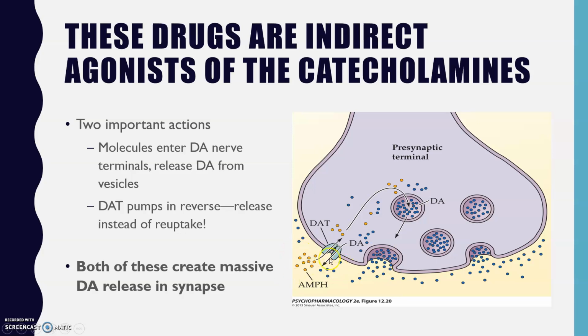The other thing that's going to happen is that these dopamine transporters are going to pump in reverse. So instead of taking dopamine back into the cell, it's actually going to pump dopamine out of the cell. Both of these actions together will create a massive dopamine release in the synapse. So these are the two major mechanisms by which amphetamine works.